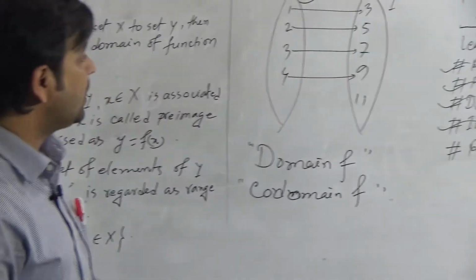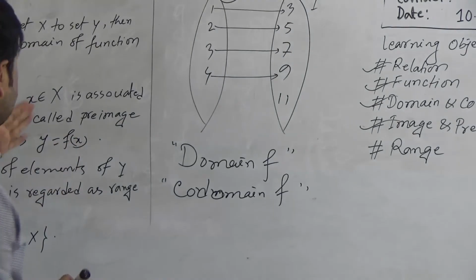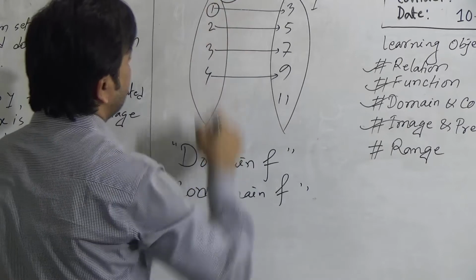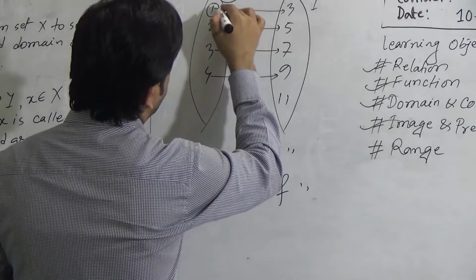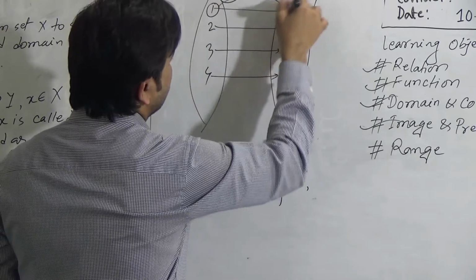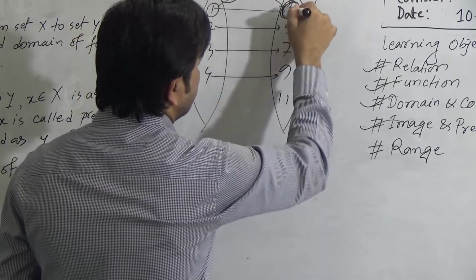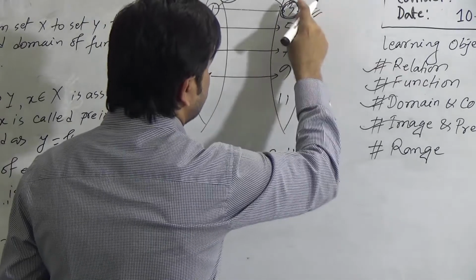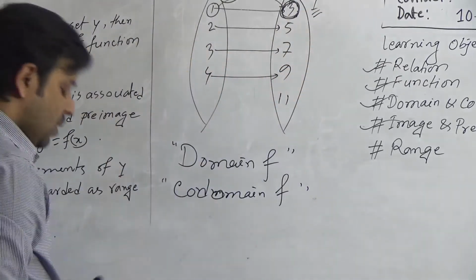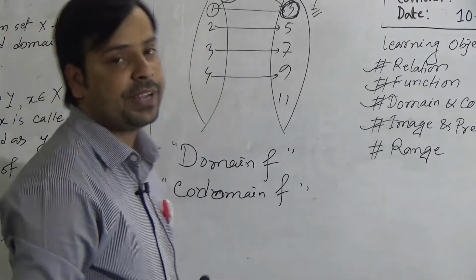Now see here, dear students, according to the definition of image and preimage, we can say that for every element in x we will get one element in y. This one element is known as an element of y. It means elements of y are known as the image of the elements of x.